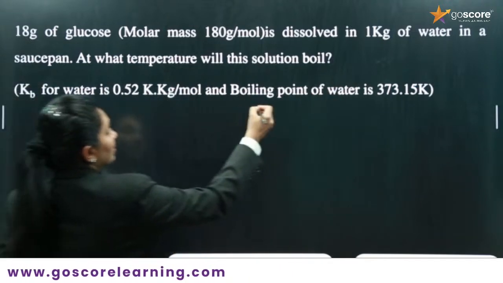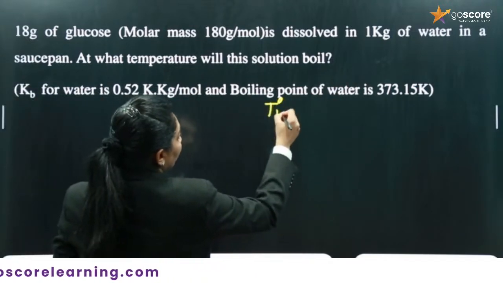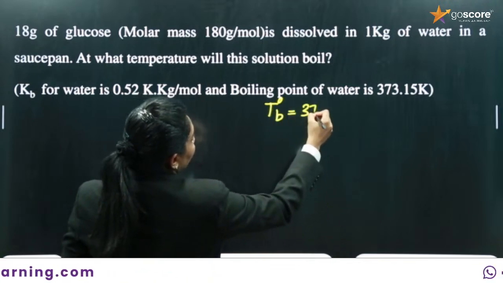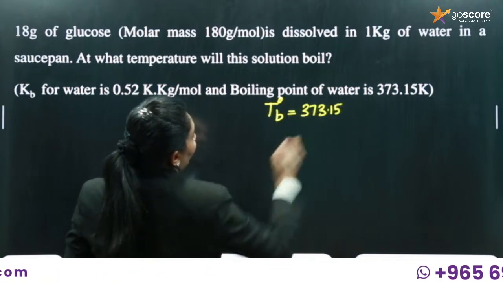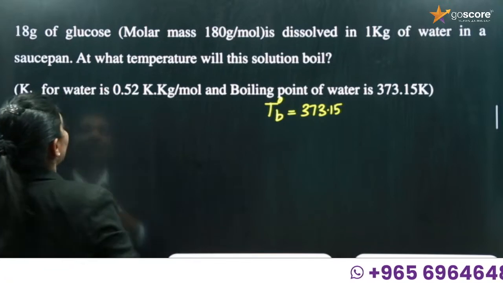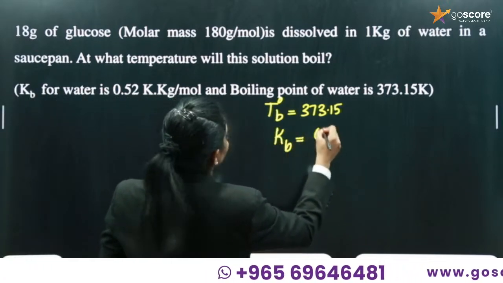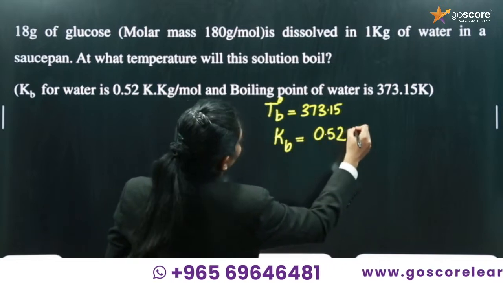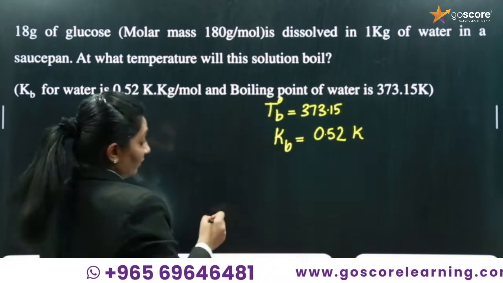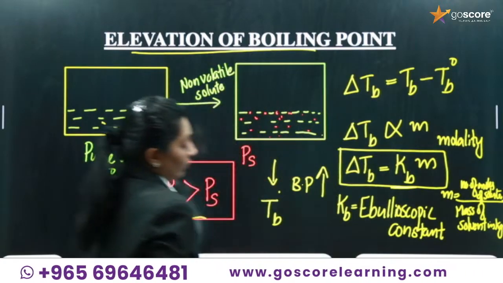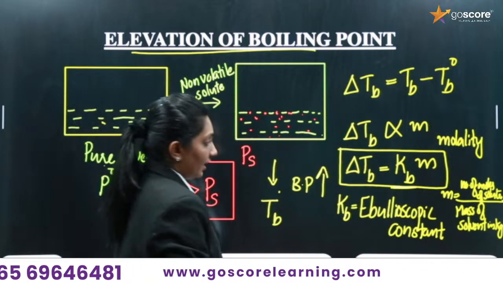That means T naught B is given as 373.15 Kelvin, and the Kb value for water is given as 0.52 Kelvin. We didn't mention the unit of this Kb, right?